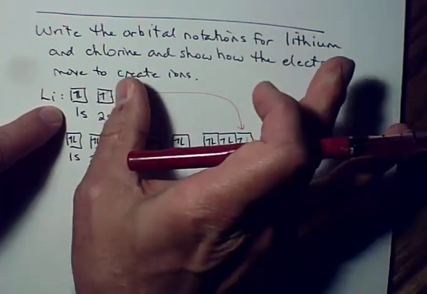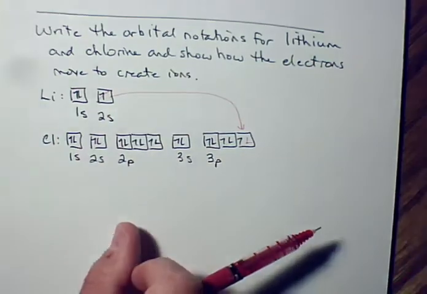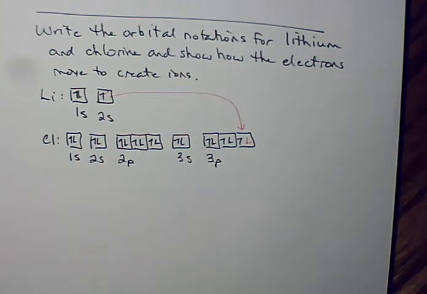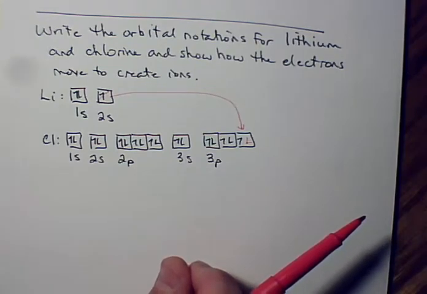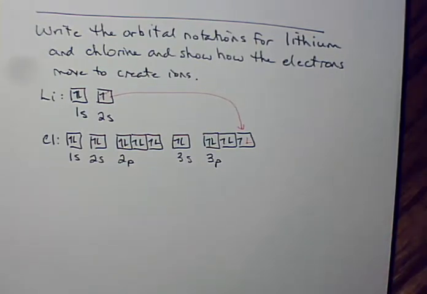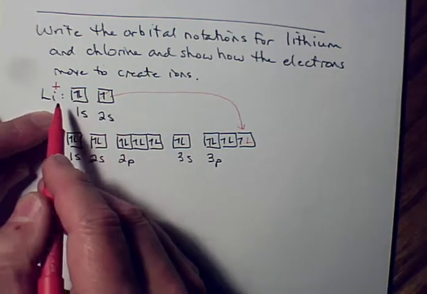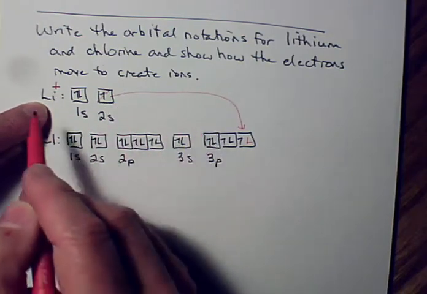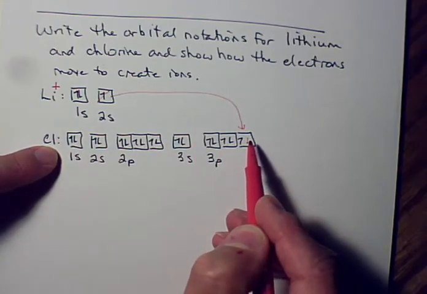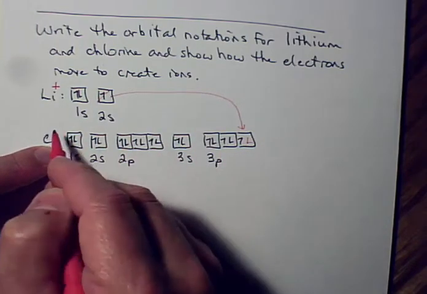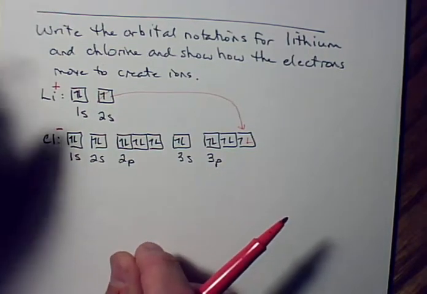Lithium has a full energy level, although we got rid of its valence level. Since lithium lost an electron, it has 1 more proton than electron, so it's positive. Since chlorine has gained an electron, it has 1 more electron than protons, so it's negative.